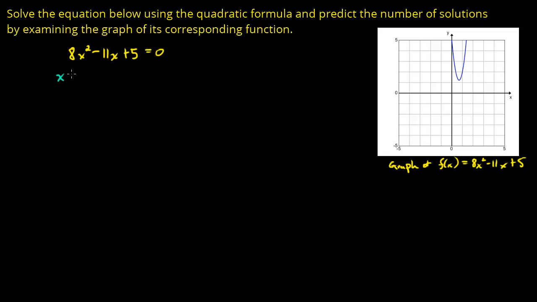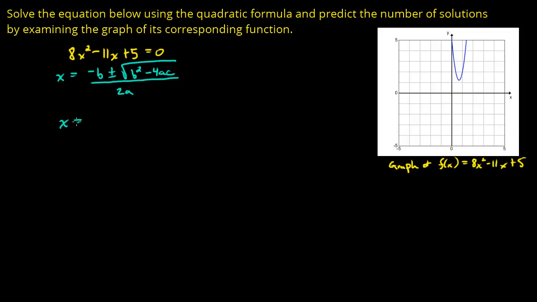The quadratic formula says that x is equal to negative b plus or minus the square root of b squared minus 4ac, all divided by 2a.